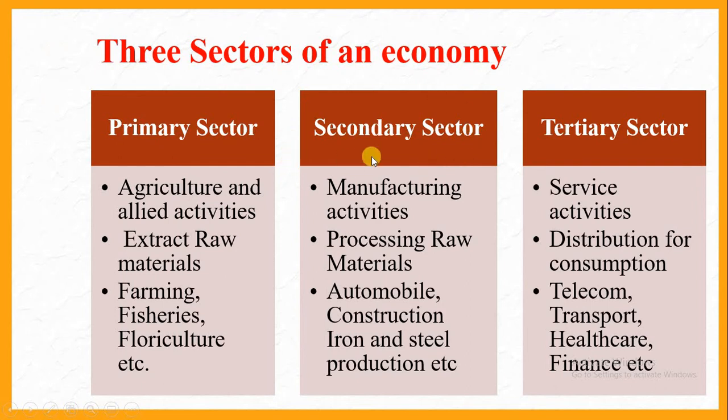The secondary sector is the second stage, you can think of it that way. In the second stage, whatever is extracted, the raw material, goes into processing. Processing means just fine tuning it. For example, cotton is sent to industries.